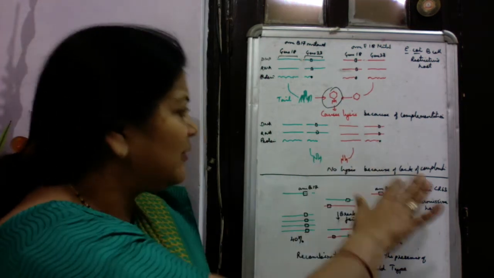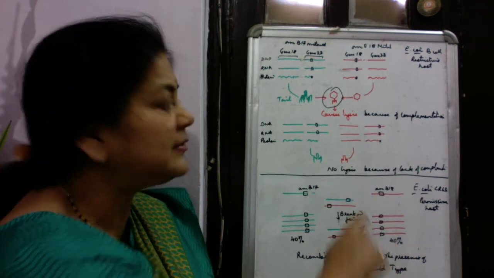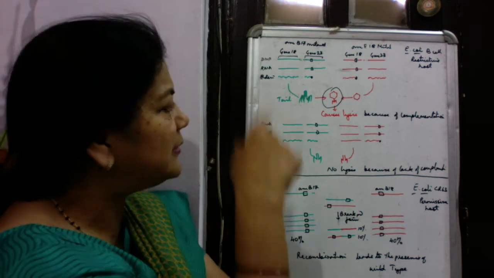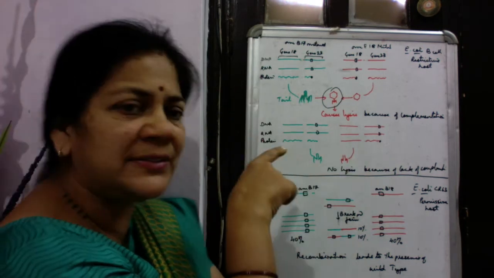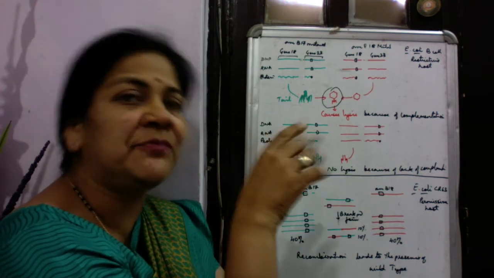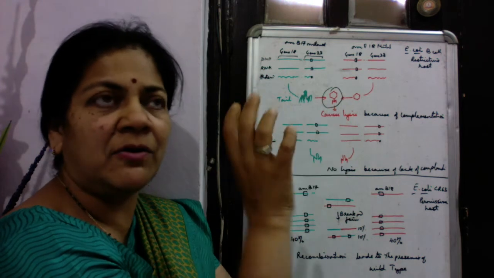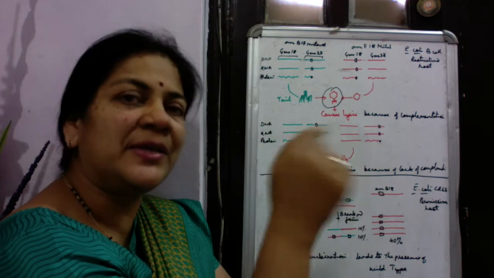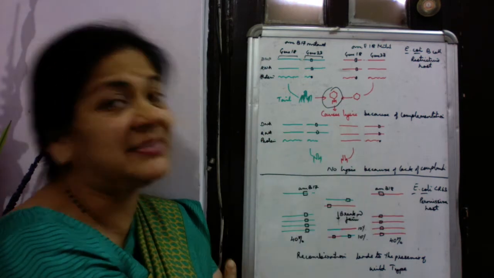This will not cause any lysis because there is lack of complementation. What you should understand here is that complementation is different from recombination. Complementation doesn't tell us about the genes which are linked, whereas recombination will tell us about genes that are linked.